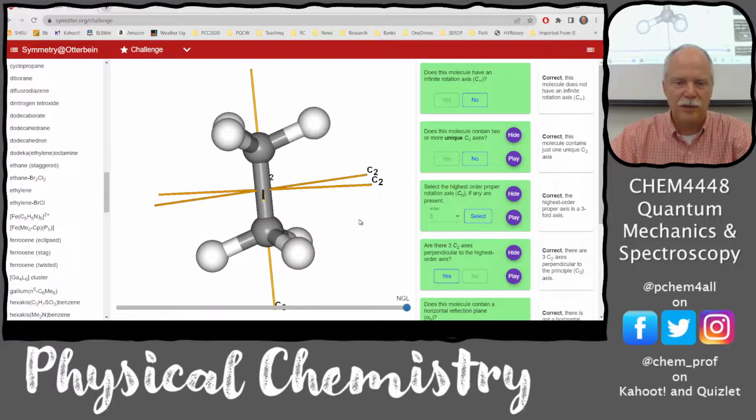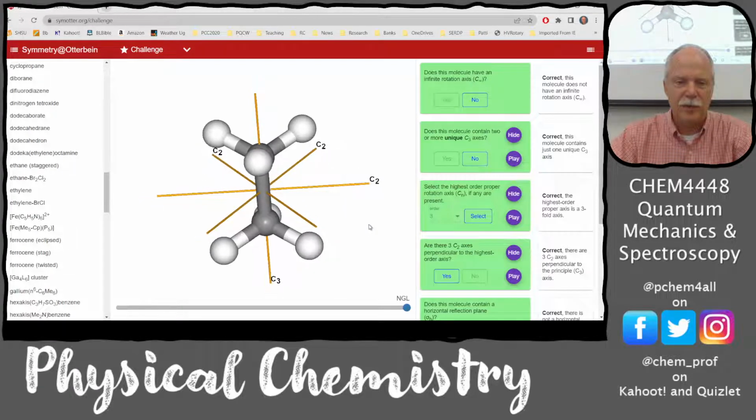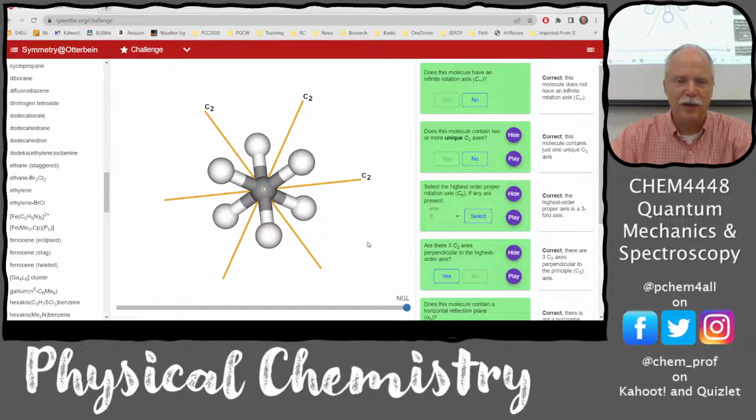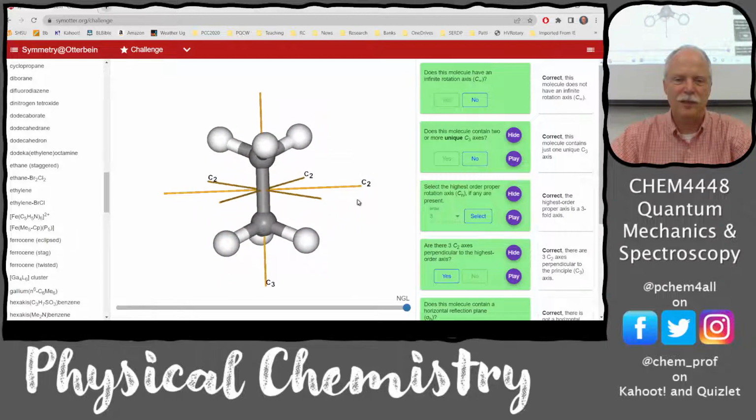And here's 1 as well. So we have 3 C2 axes that are perpendicular to the C3. Look at where they go. It's kind of confusing. They don't line up with the plane of any of the bonds. They kind of break the bonds. They go in between the bonds. So those are your 3 C2s perpendicular to the C3.